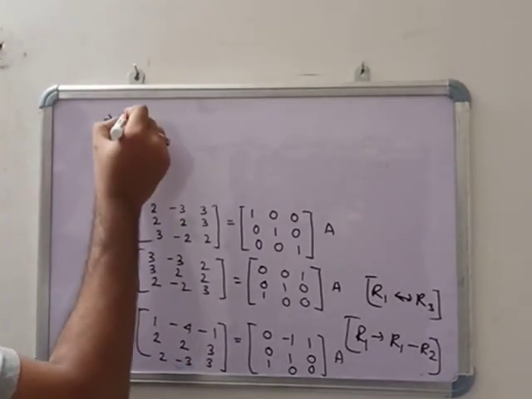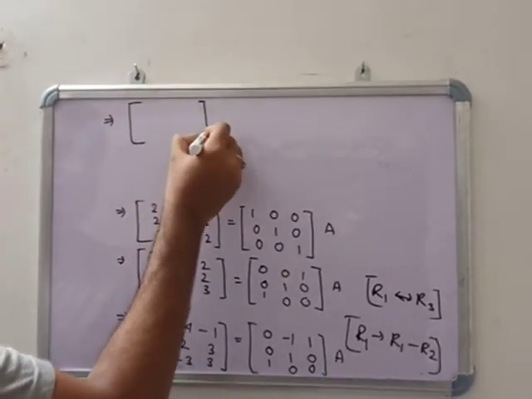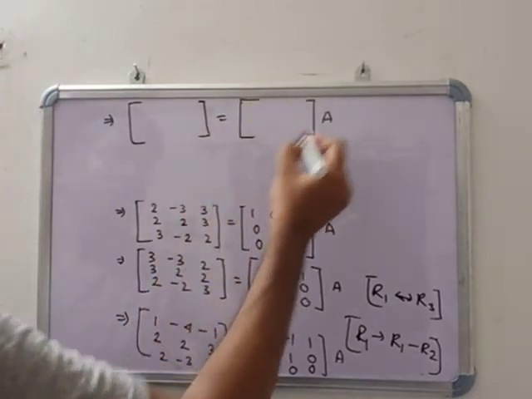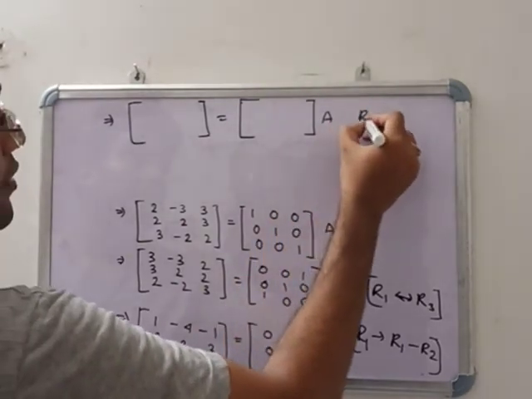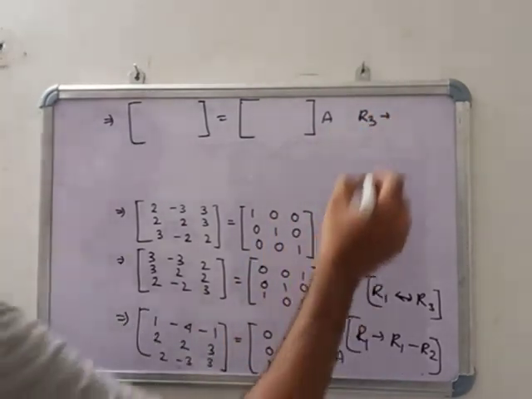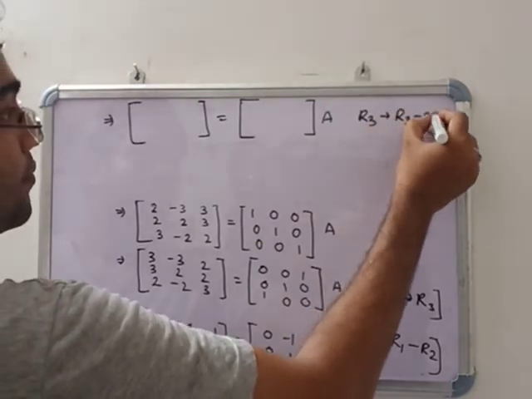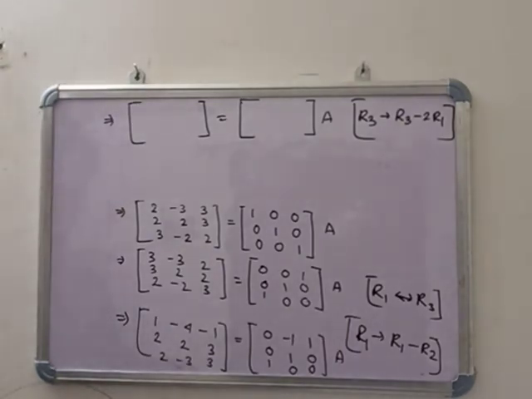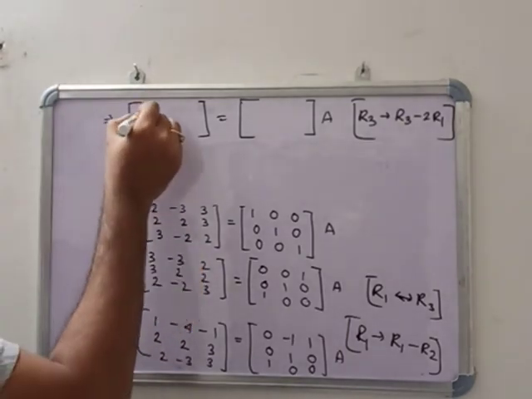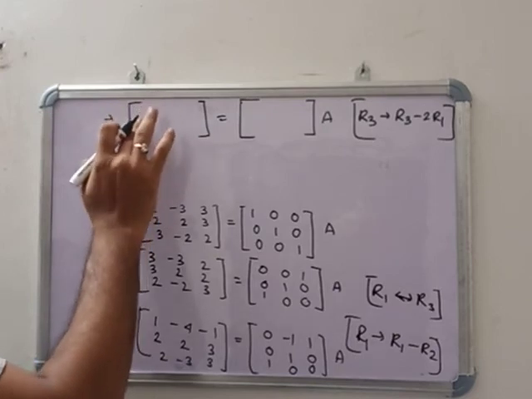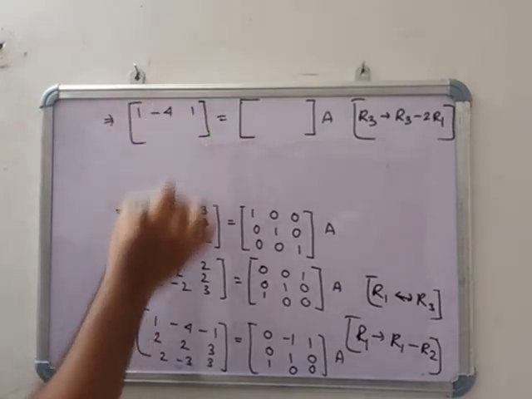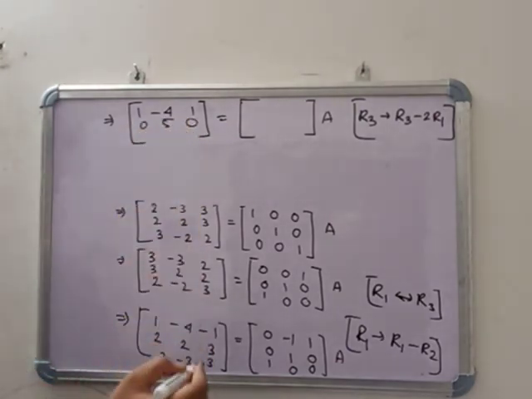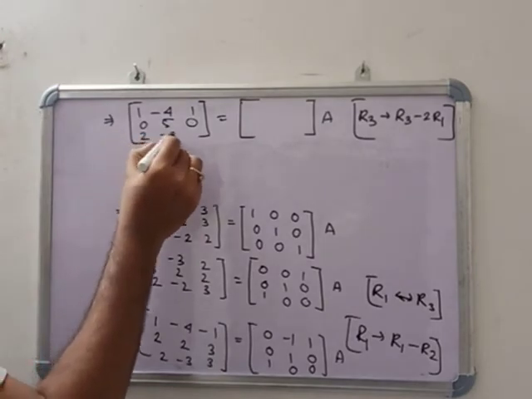Now, applying R3 minus 2R1. So that means, sorry, not 0, this is 1. 1 minus 4, 1. 0, 5, 0. 2 minus 3, 3.